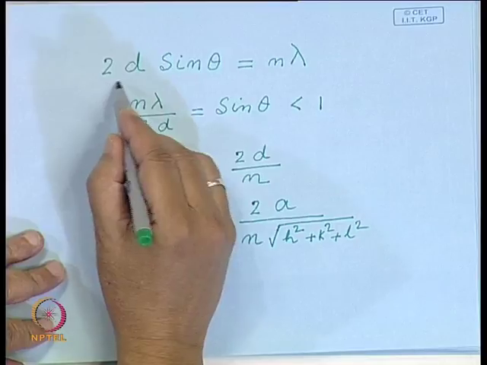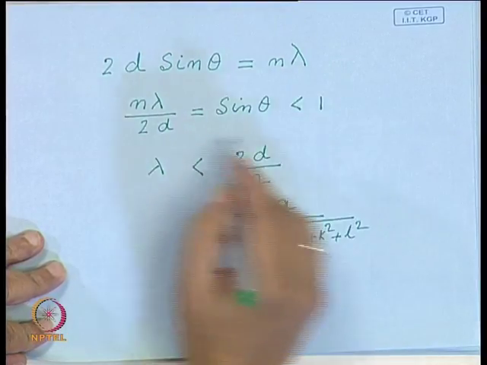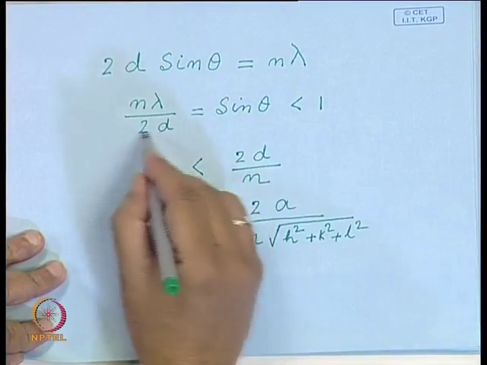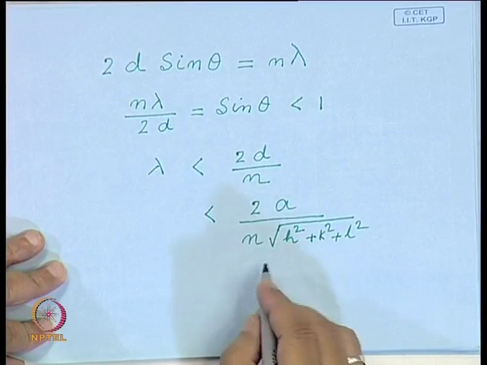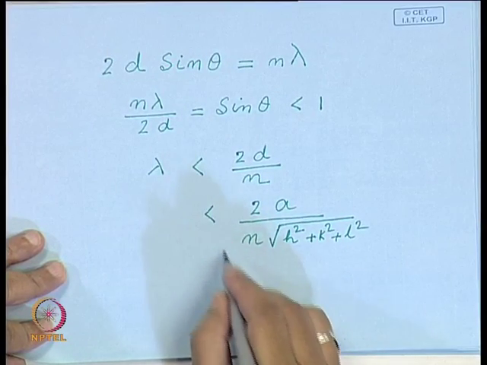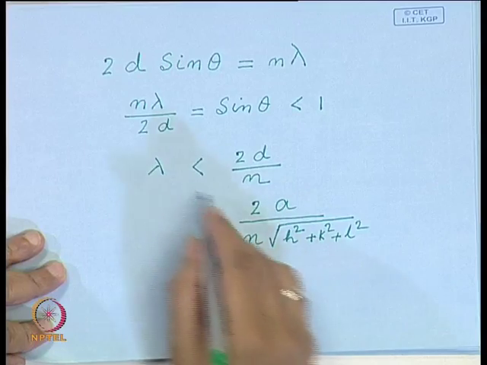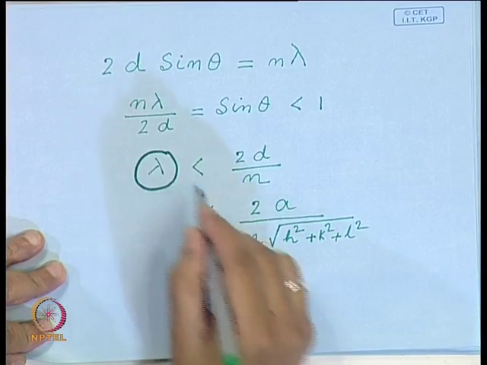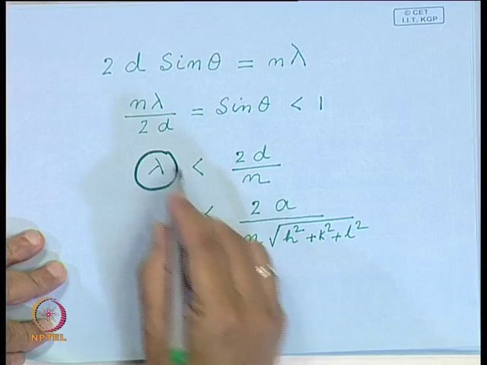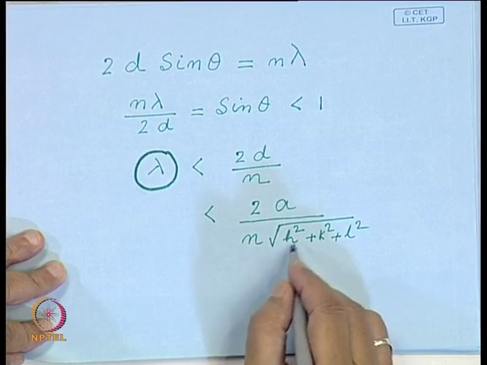What has been mentioned here, 2 d sin theta equal to n lambda, can be written like this, and therefore it is possible to find out what the wavelength should be so that you can record a diffraction pattern.